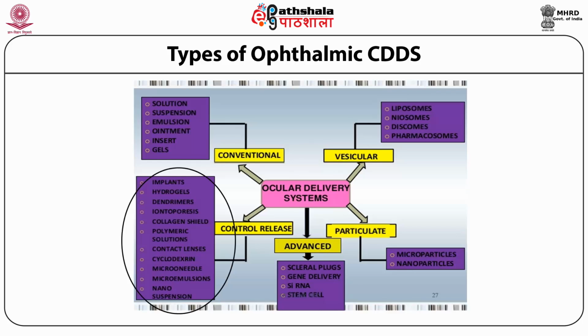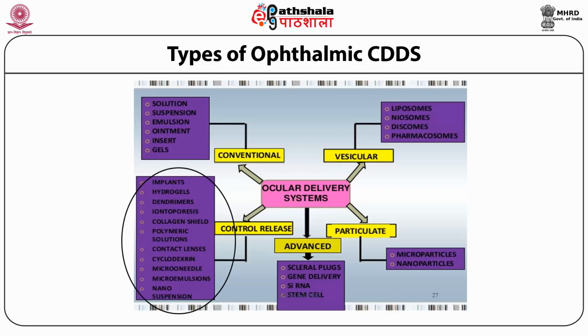It also shows the conventional systems, which include solution, suspension, emulsion, ointment, inserts, and gels. Then we have the vesicular ophthalmic systems, which are the most novel of them, and they include liposomes, niosomes, discosomes, and pharmacosomes. Then we have a system which is called the particulate drug delivery system, which is targeted for ocular delivery, and it includes microparticles and nanoparticles.